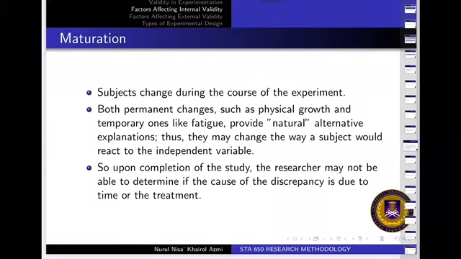So sometimes when we do the experiment, the respondent tend to be bored, or fatigue, or can be changed naturally over the time. So upon conclusion of the study, the researcher may not be able to determine if the cause of the discrepancy is due to time or the treatment.